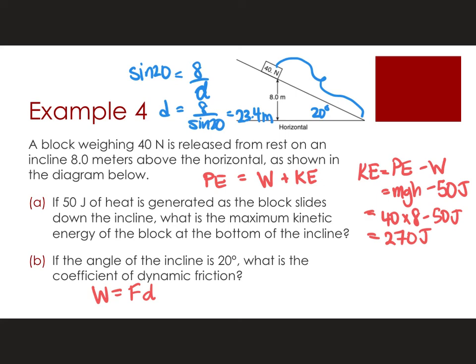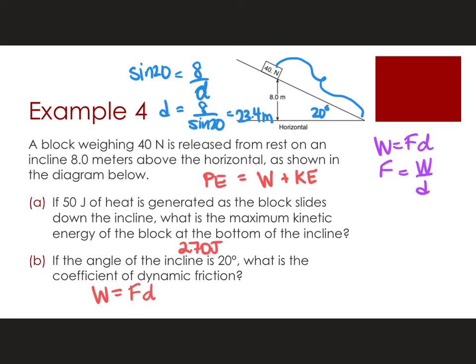Okay, so I'm going to move some numbers around so that I have a place to work on the side. Our kinetic energy at the bottom was 270 joules, and now I'm going to erase my work and work on the side. Okay, so our equation: work is force times distance, and in this case we're talking about the force of friction.